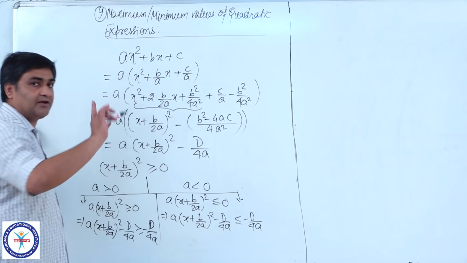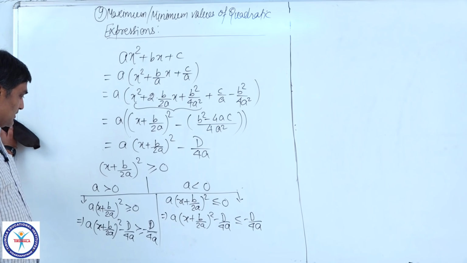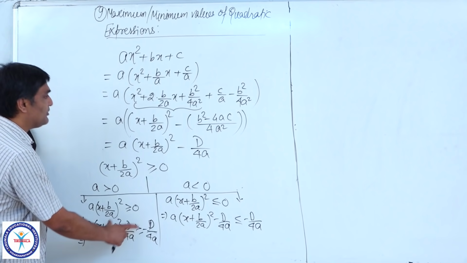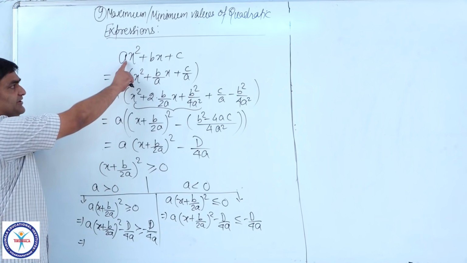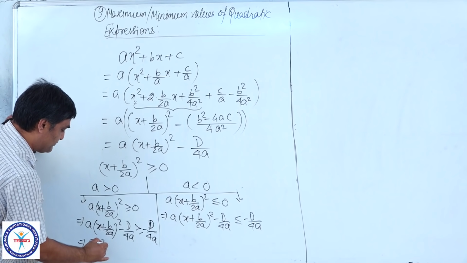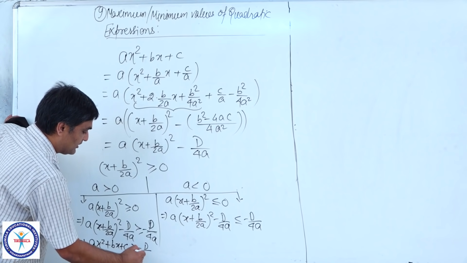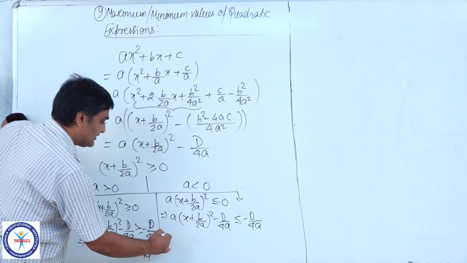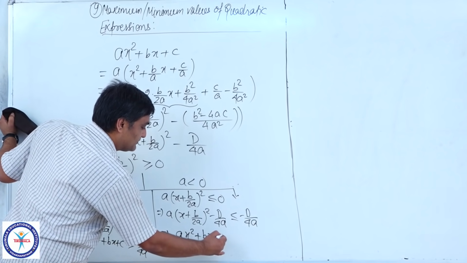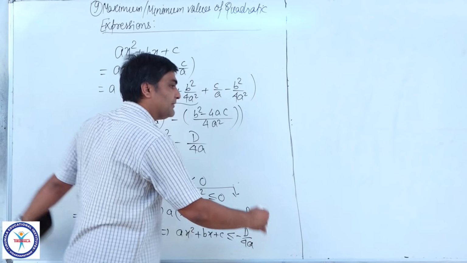Adding or subtracting any number does not change the inequality. Now, if you observe closely, this is nothing but this expression itself, ax square plus bx plus c greater than or equal to minus d by 4a, and here it is ax square plus bx plus c less than or equal to minus d by 4a.